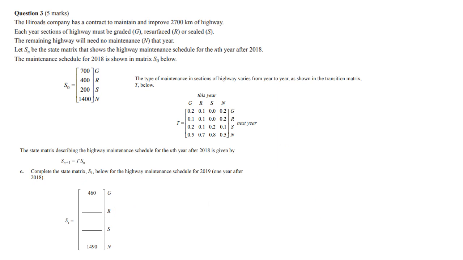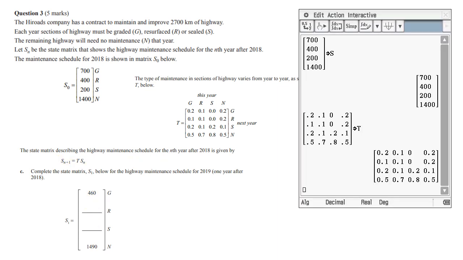Now, finally, in part C, they're asking us to do the recurrence relationship, which is that S1 equals TS0. So this is the time to hit your calculator. But look, again, it's self-correcting in a way because you got the 460 and the 1490. You're only going to find these two values. So if you get the 460 and the 1490 wrong, then you know that your R and S values are going to be wrong too.